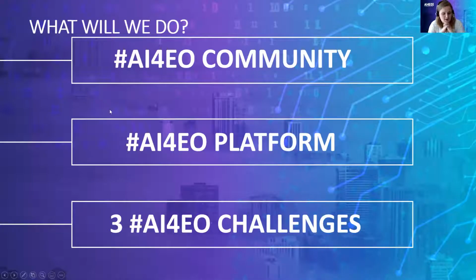So for those of you who haven't been with us yet for the first challenge, what is it that we do? So AI for EO is an initiative of the European Space Agency and specifically of the PhilLab, where they develop new and innovative approaches to working with Earth observation data and acquiring Earth observation data.